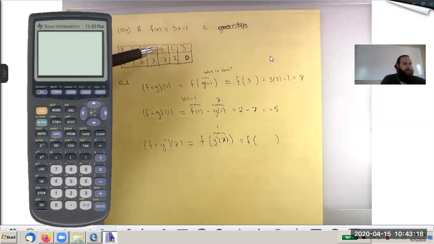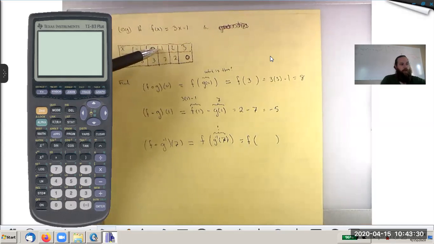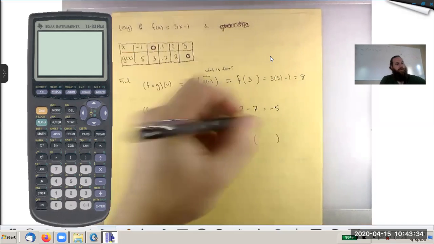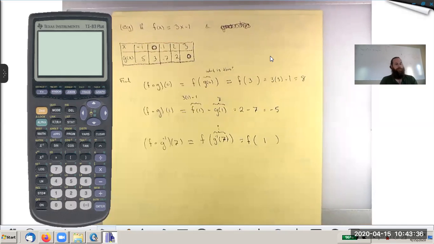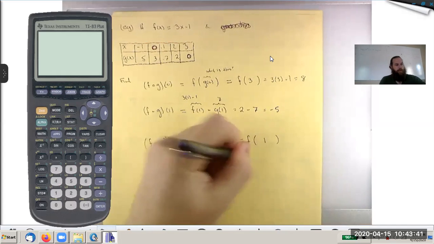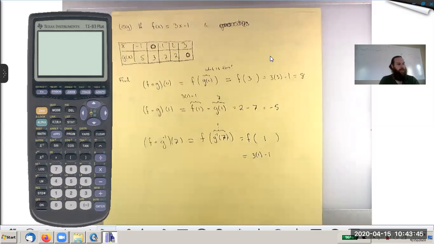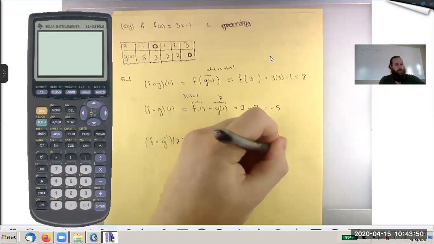Well, let's look up here. g of 1 is equal to 7. So g sends 1 to 7. g inverse is the function that exactly undoes g. So g inverse is going to send 7 back to 1. In other words, g inverse of 7 is 1. So this is f of 1. And f of x is the function that multiplies by 3 and then subtracts 1. So this is 3 times 1 minus 1. 3 minus 1 is 2.